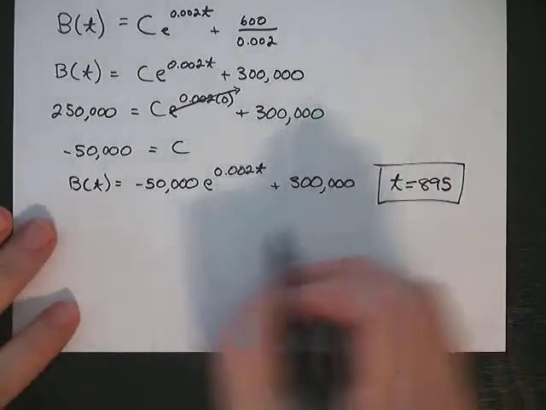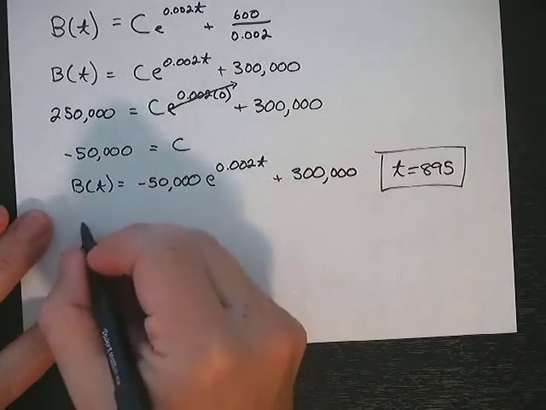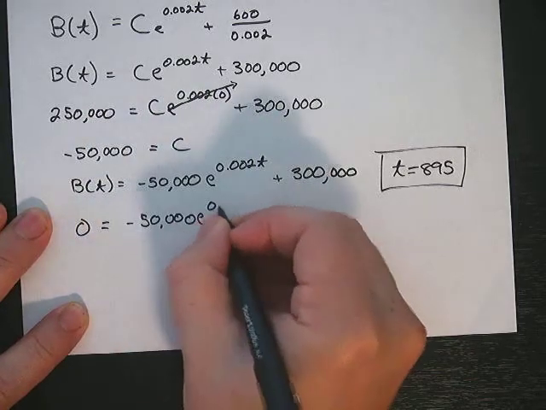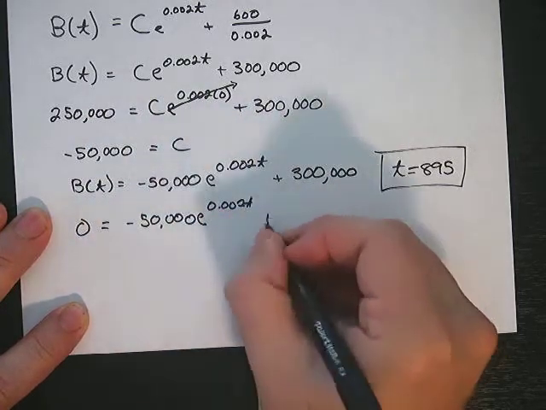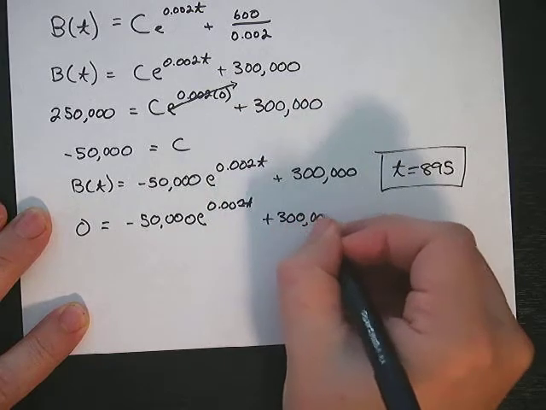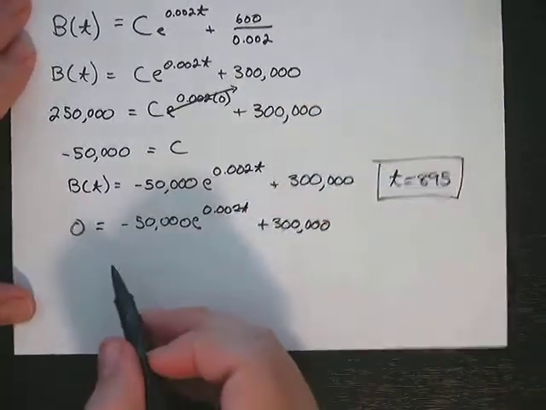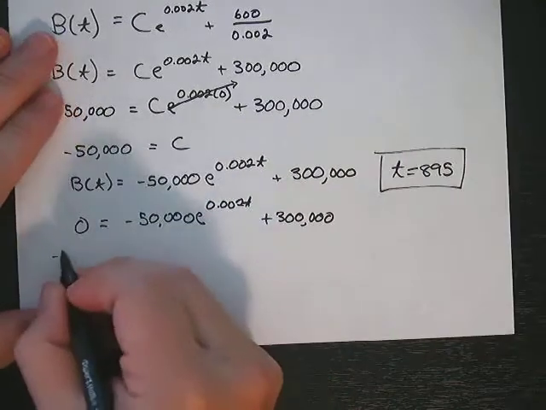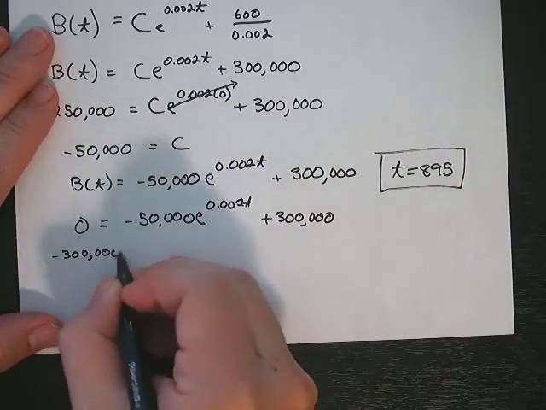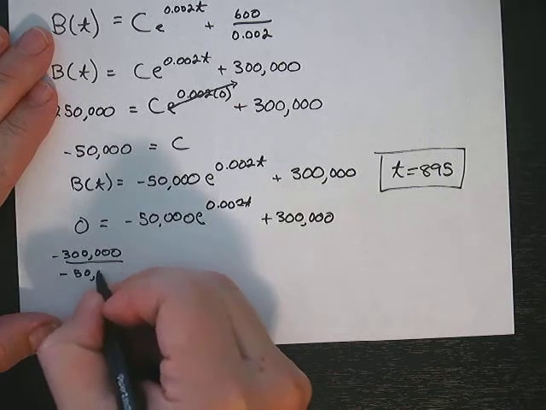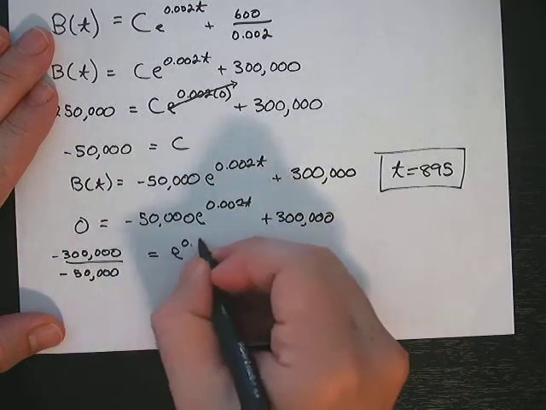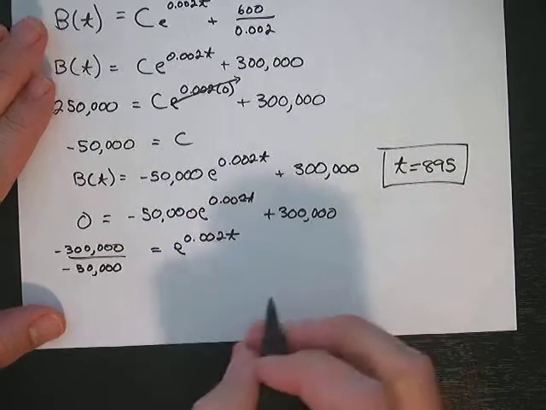Now, by hand, quickly, because it's pretty easy: 0 is equal to negative 50,000 e to the 0.002t plus 300,000. I'm going to subtract the 300,000 and then divide by the negative 50,000. So I get negative 300,000 over negative 50,000, which is 6, equals e to the 0.002t.